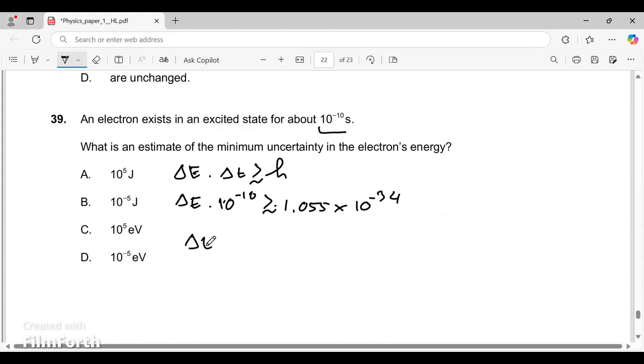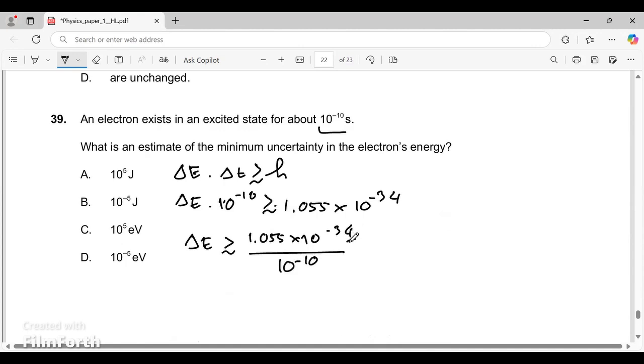So it means delta E is greater than or equal to this number times 10 to the power minus 34 divided by 10 to the power minus 10.